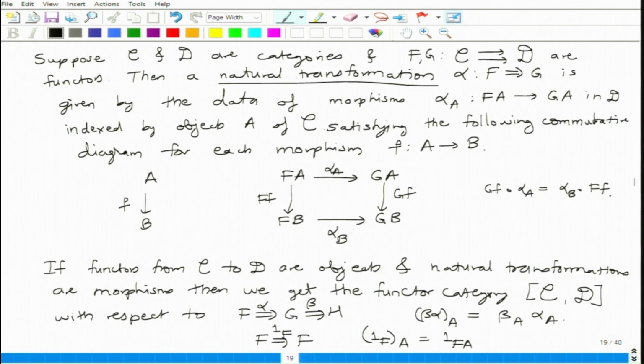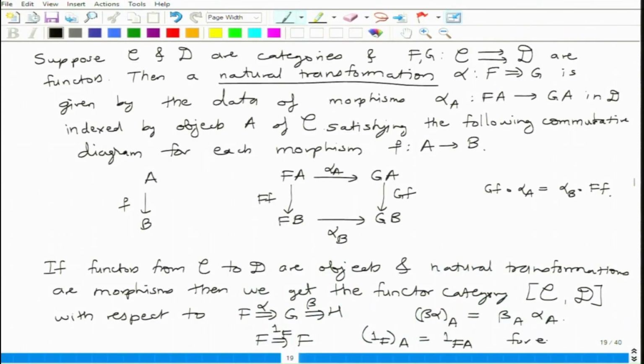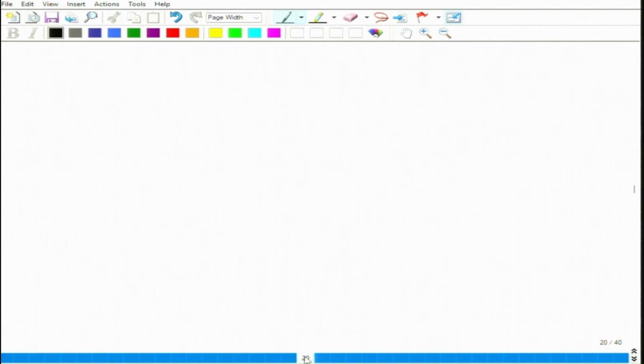Beta alpha sub A is equal to beta A alpha A. If I replace A with B, another object, then also I will know what to do. It's simply the composition. If you are confused, I should write for each object A of C. This universality is what I was referring to. A component means this.